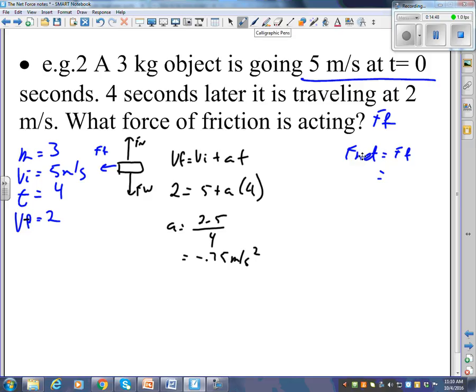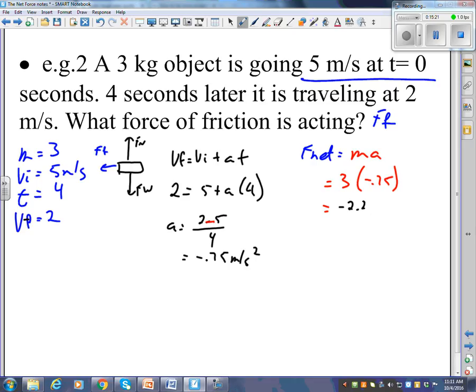Now I'm going to find my net force. So I'm solving for the net force. The mass is 3. The acceleration is minus 0.75, giving us a net force of 3 times minus 0.75. Minus 2.25, I think, right?